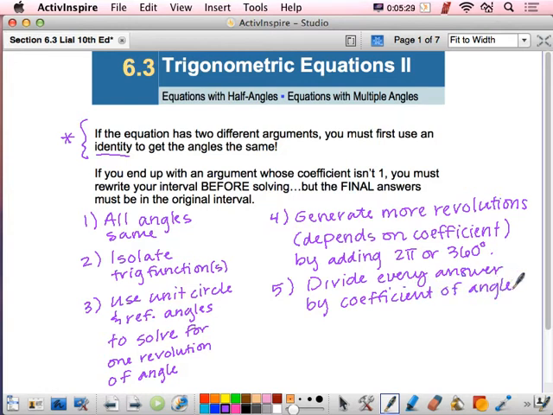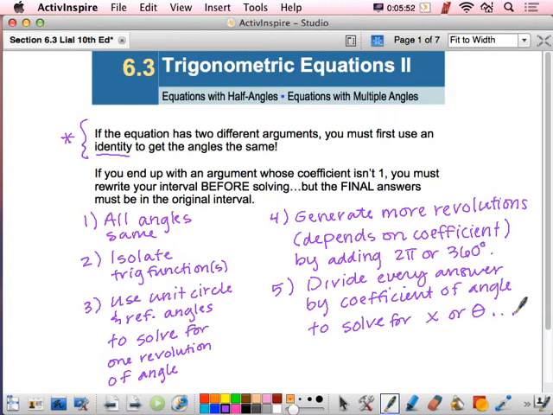And that will bring all of those answers down and back into the original interval. So that's kind of neat when you see it work. It sounds really complicated, but once you do a couple, you see that it's really just 2 extra steps at the very end.